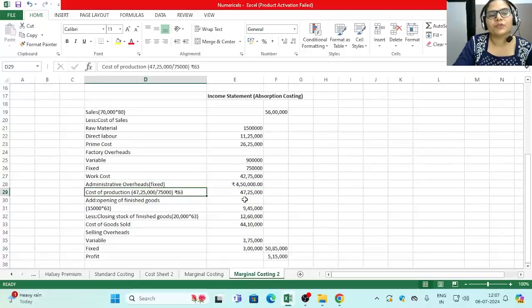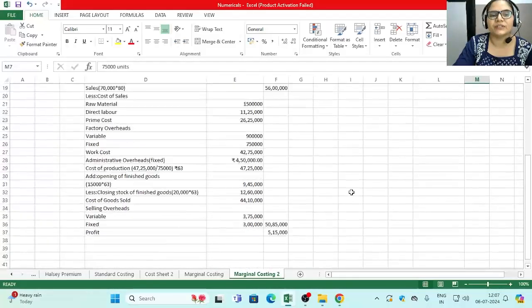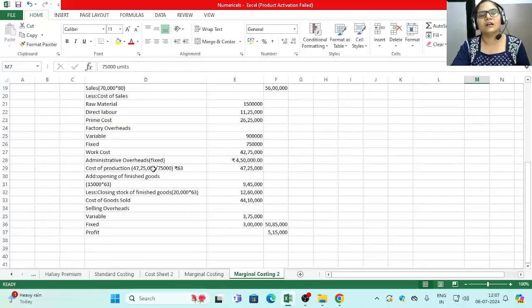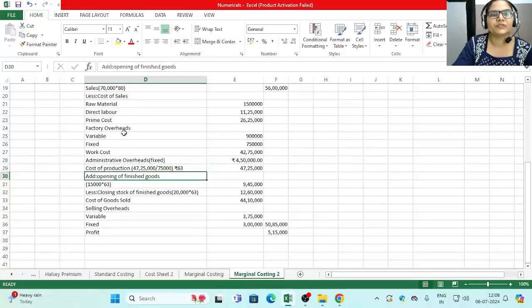Now, cost of production 47,25,000 is for 75,000 units. For this we need to adjust opening and closing stock of finished goods. So for that purpose, we will calculate the cost per unit: 47,25,000 divided by 75,000, which will come out to be rupees 63.